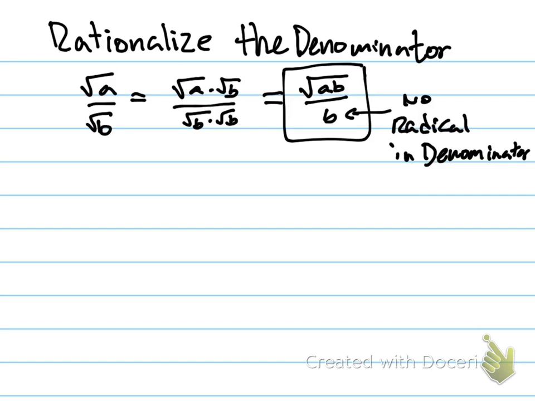All right. I'm going to give you guys one example before you go ahead and do your assignment, and that's going to be this example. It's square root of 5 over square root of 3. All we're going to do is multiply top and bottom by the square root of 3.